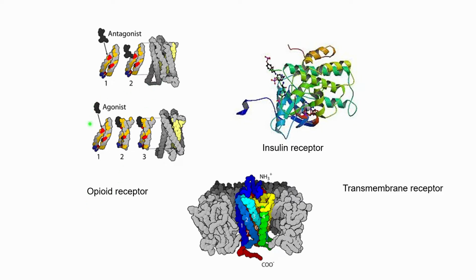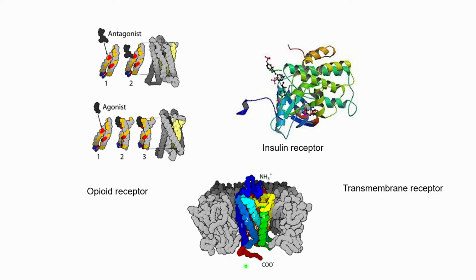That's an example of action of opioid receptor agonist. So our drug molecule is coming, binds, and makes a complex. This is formula of insulin receptor that is influenced by different compounds. Another example is transmembrane receptor.